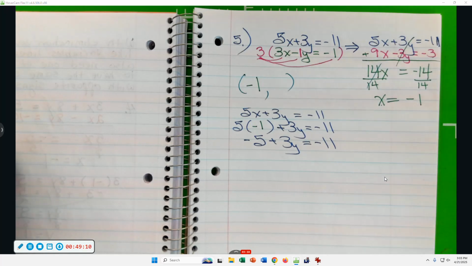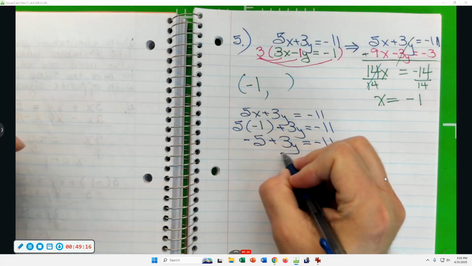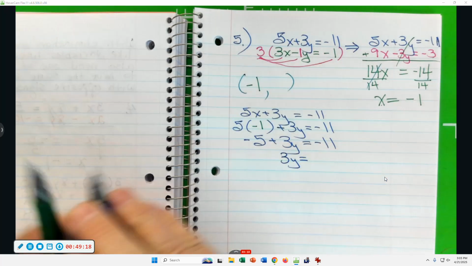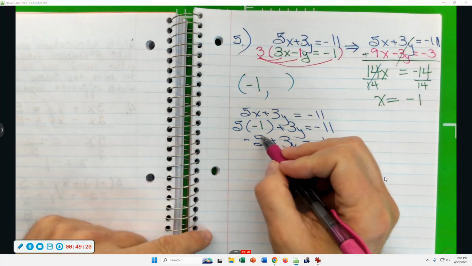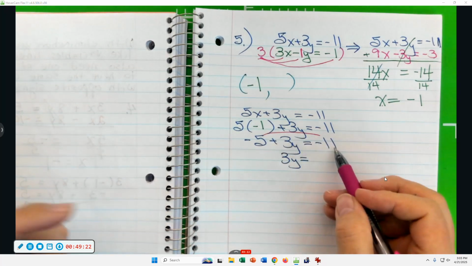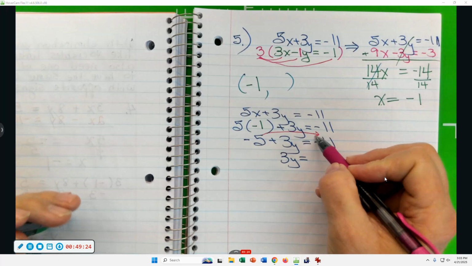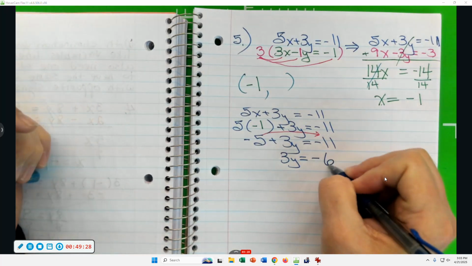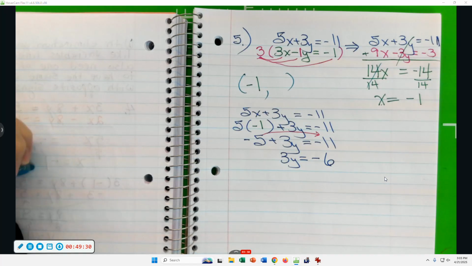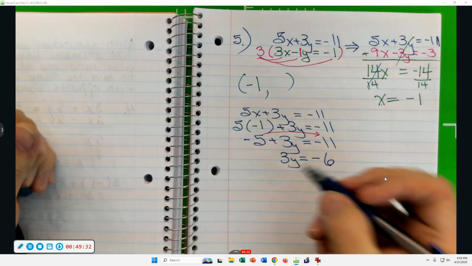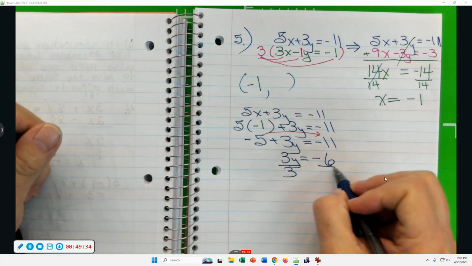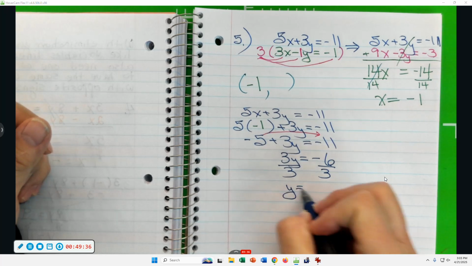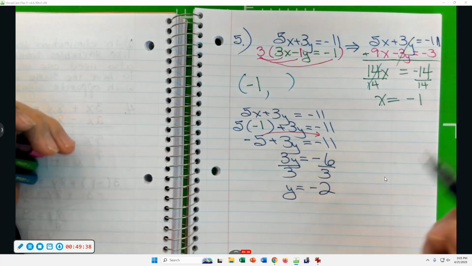I'm trying to solve for y. What do you think I'll do next? Add 5 to give me positive 3y equals -11 plus 5, which will give me a -6, and then divide by 3, good, to give me y equals -2.